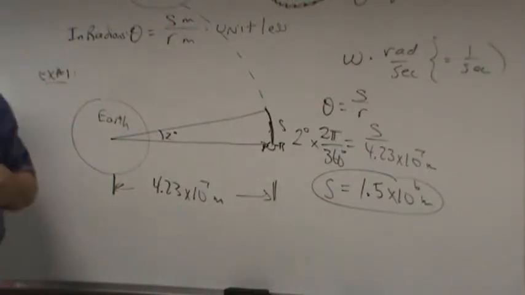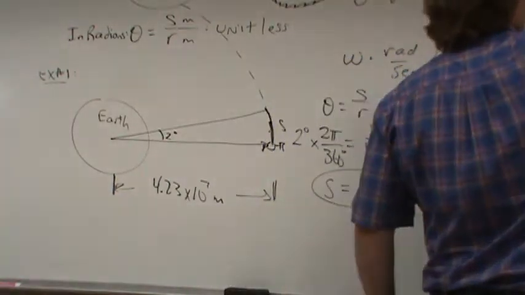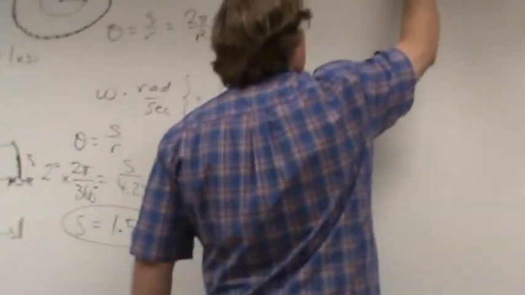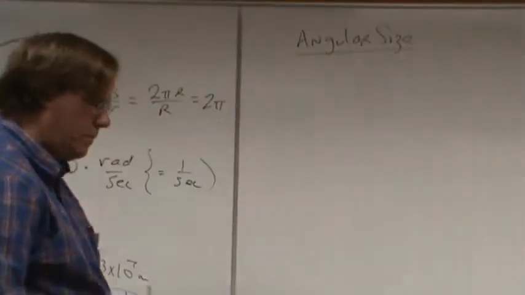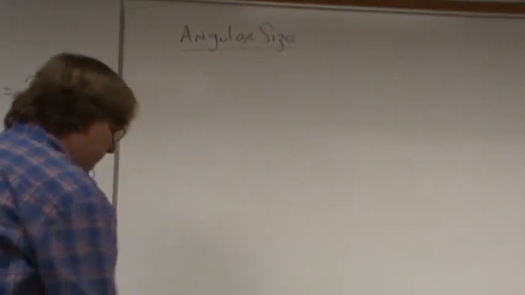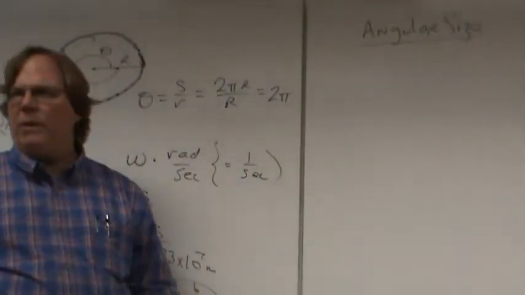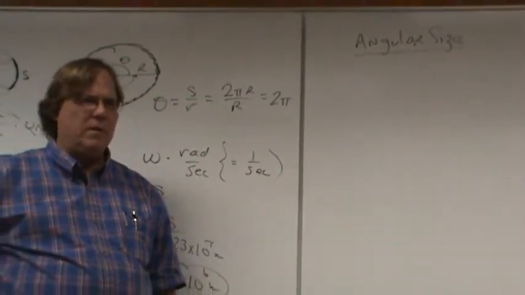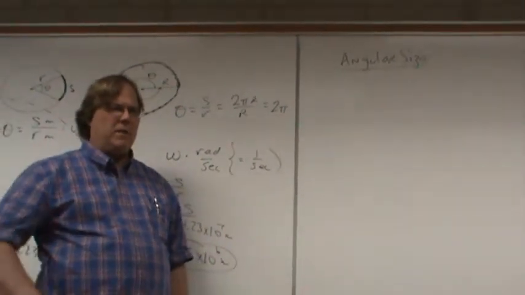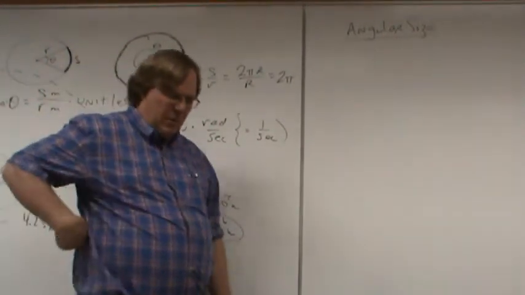Here's the next issue. Example number 2. This is the issue of angular size. We humans do not see size, we don't see length, we see angular size.